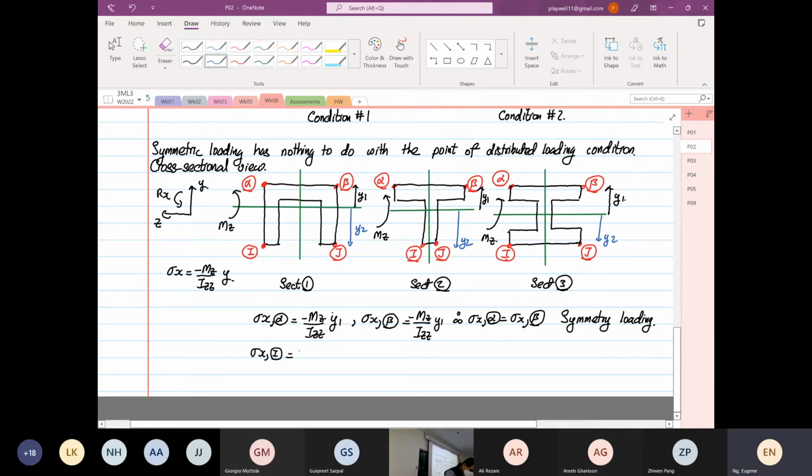So this is also equal to mz over izz times y2. And you find stress x at point J is also equal to mz over izz multiplied by y2. So therefore, stress x I is also equal to stress x j.